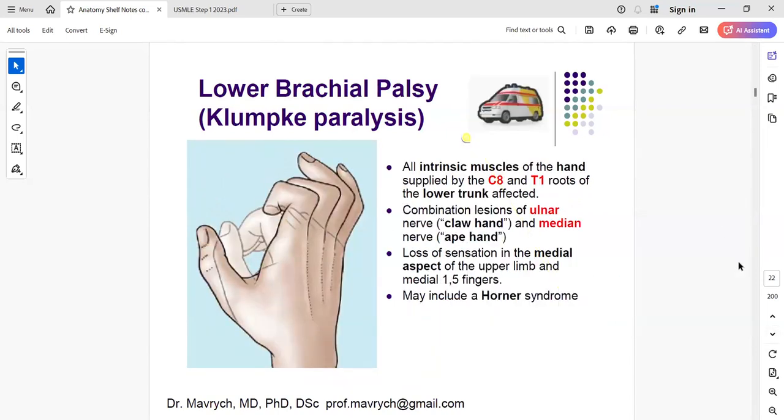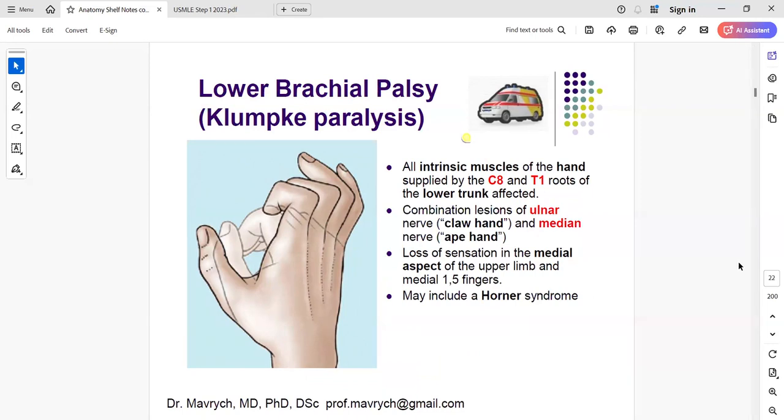Okay, we did ape hand. Now this is claw hand, and we also talked about ape hand. So in ape hand, there was loss of opposition of the thumb and index finger. Now, in claw hand, the hand kind of forms into a tiger claw, and it just stays like that.